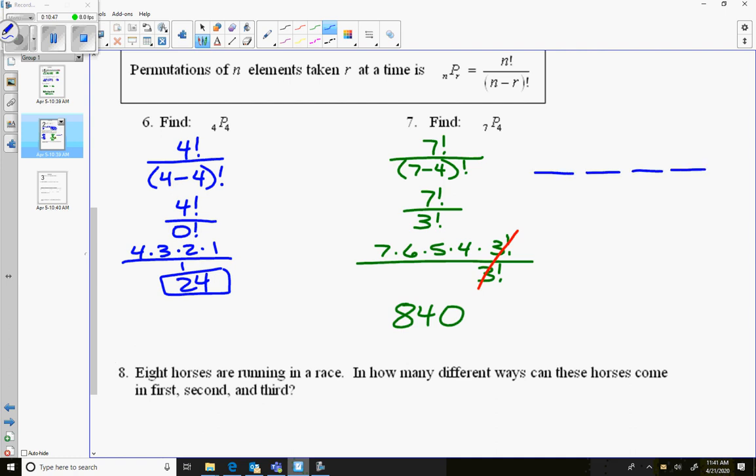But how many do we have for the first choice? 7 cans. Now, how many to go second? 6, 5, 4. Notice where we ended up. But with these permutations, I don't want to just necessarily do those blanks. We want to do the formula for our permutations. Numbers get bigger.